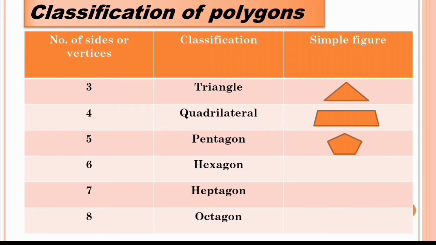And if any figure has 6 sides or vertices, it is called a hexagon. And a figure with 7 sides or vertices is called a heptagon. And a figure with 8 sides or vertices is called an octagon, and so on.